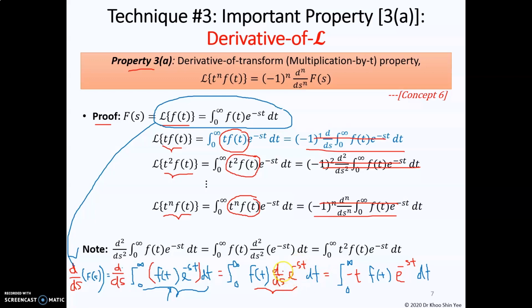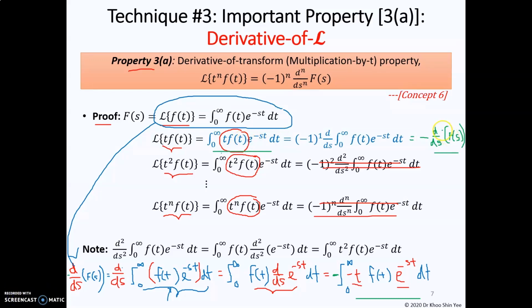When you take d over dx of e to the negative xt, you obtain the exponential negative xt remaining, and the constant negative t can be multiplied in front here. When you compare this function and this function, you found that this is negative, this is positive. So to get positive, we have to multiply with negative 1 here. On both sides, on your left hand side, you should get negative d over dx F(x). So negative d over dx F(x) will be equal to this.